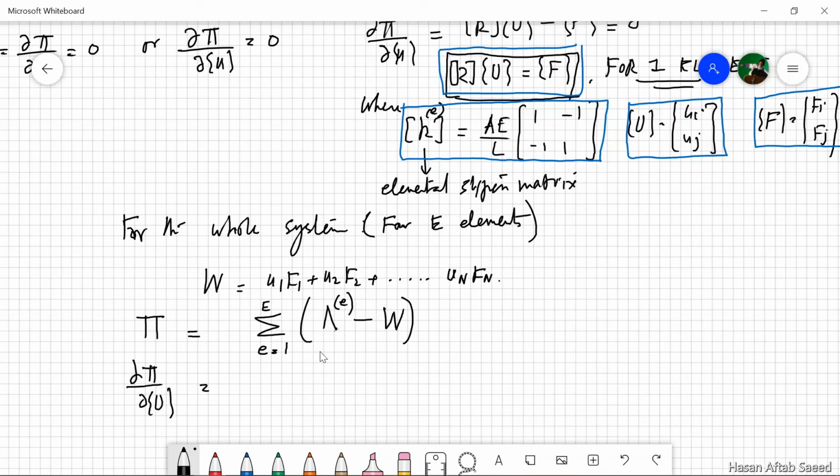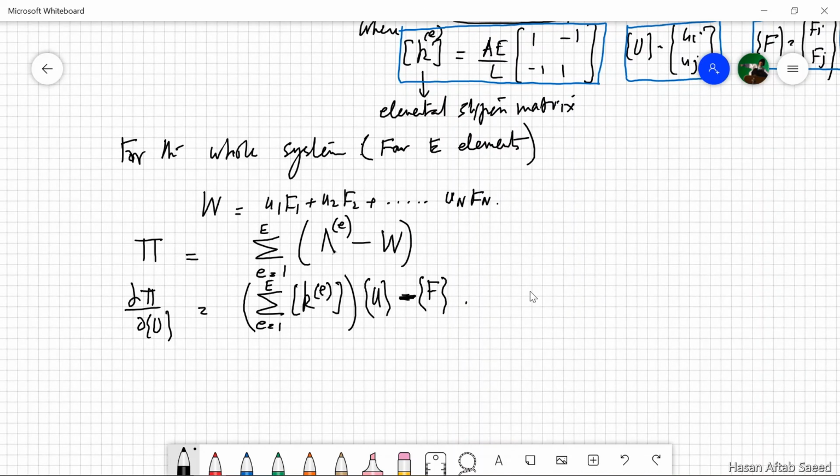This will, in this case, yield the same form, but in this case, there will be a summation of K's for all the elements in the system, followed by the usual, this is equal to 0, which will give you a similar expression, but this expression is for the whole system, not for one element.